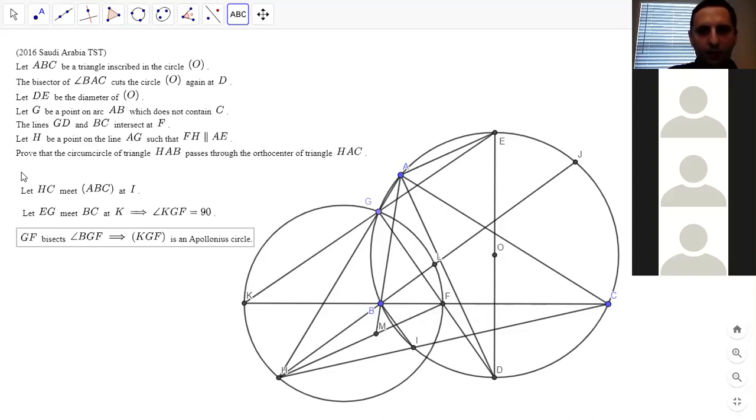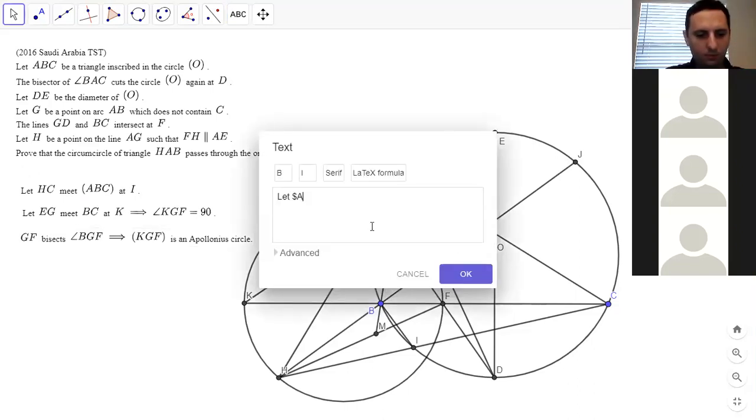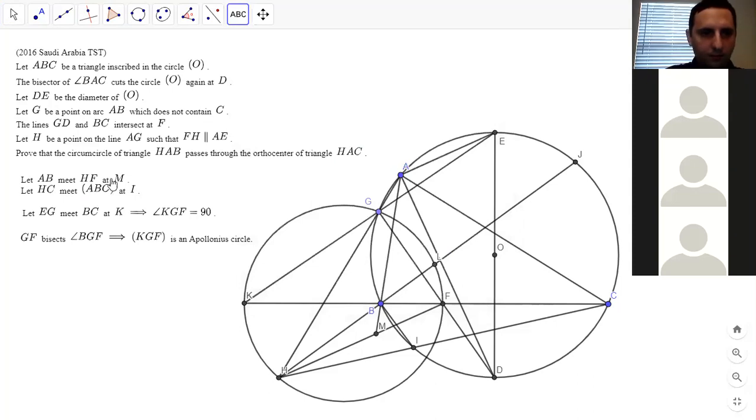Let AB meet HF at M. Okay, and since FH is parallel to AE, basically we want to show that the angle that FH makes with FK is the same as the angle that AE makes with FK.